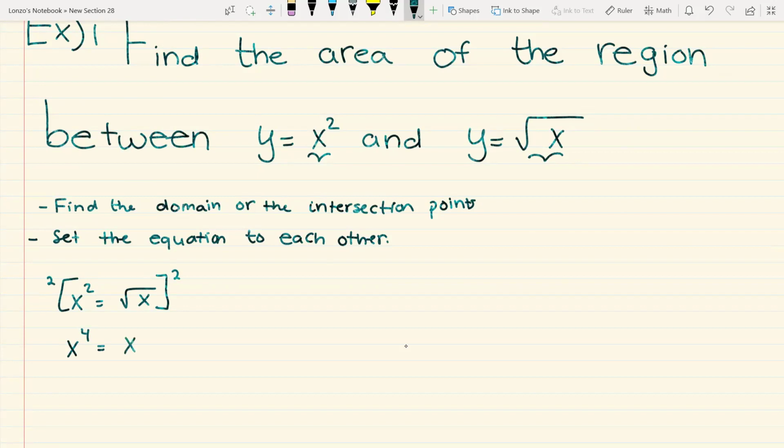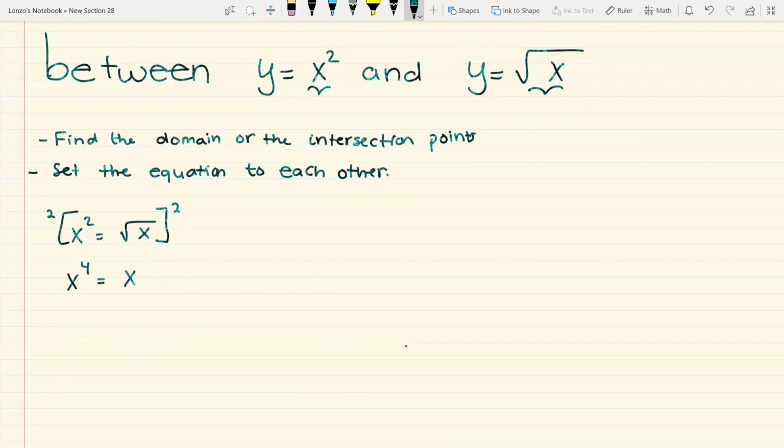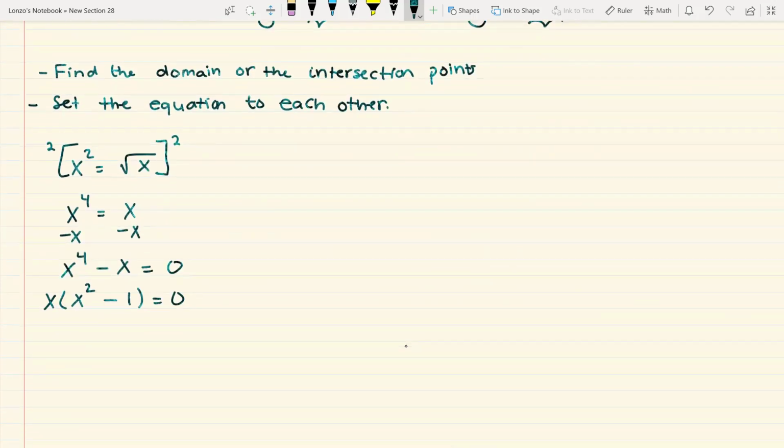We'll have to get one side zero, so let's move this x to the left by subtracting x. So you get x to the fourth minus x equals 0. And then from here you would factor out an x, and this is x cubed minus 1. And then if you want, that can be factored further.